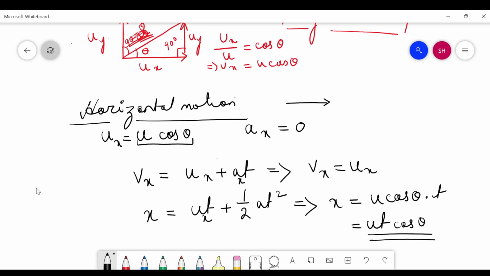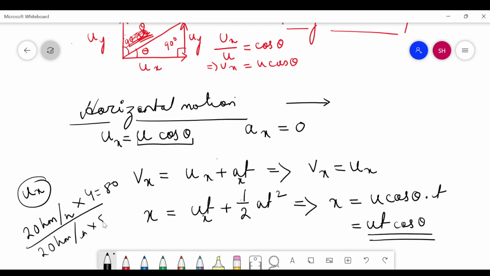This makes sense because if the speed is not changing, if the car is going 20 kilometers per hour, then after 4 hours it will be 20 into 4, it will be 80, and if it goes for 5 hours it will be 100, because the velocity is not changing. Hence, by only multiplying the time with the x direction velocity, we will get the horizontal displacement the object is covering.